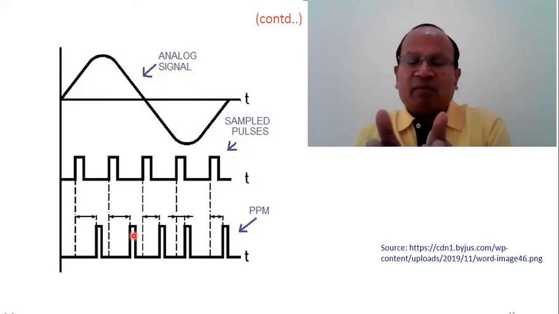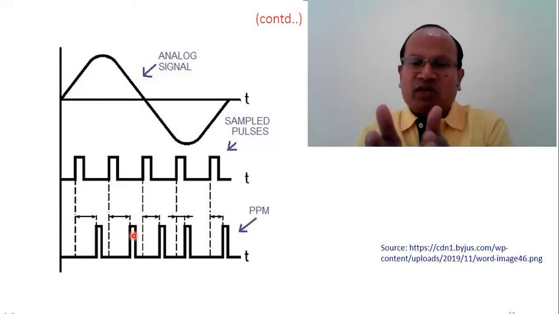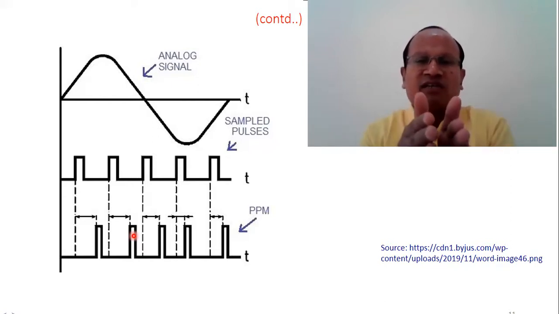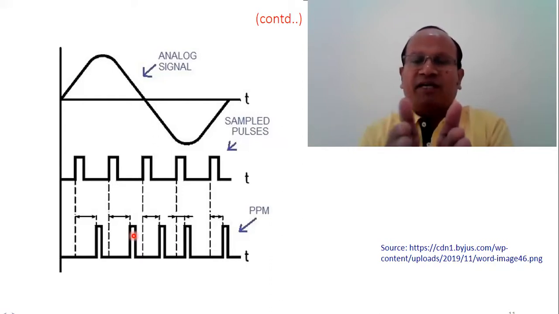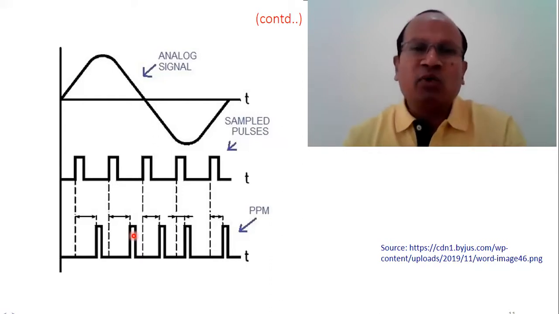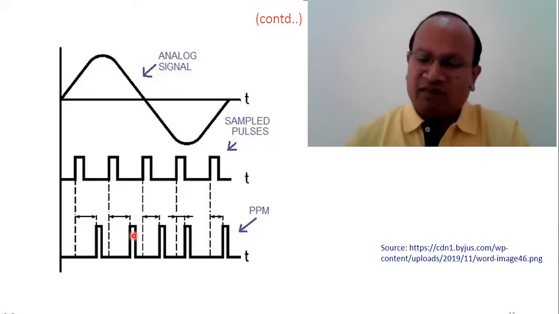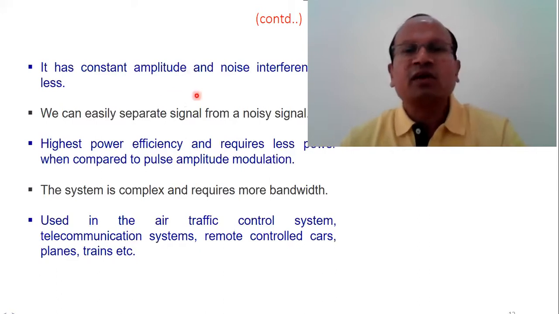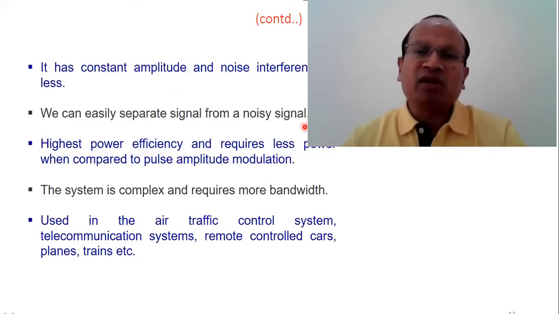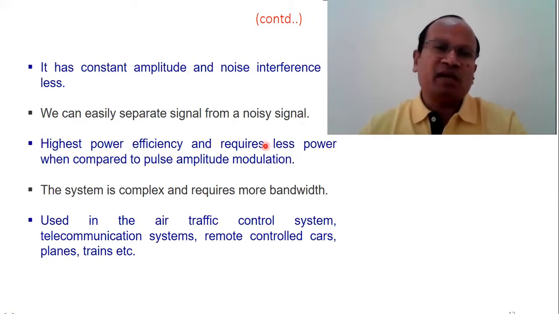With a further decrease in modulating signal amplitude, again it gets narrowed. It means the pulse position either moves away or comes near. This is how the pulse position varies, therefore it is called pulse position modulation, PPM.